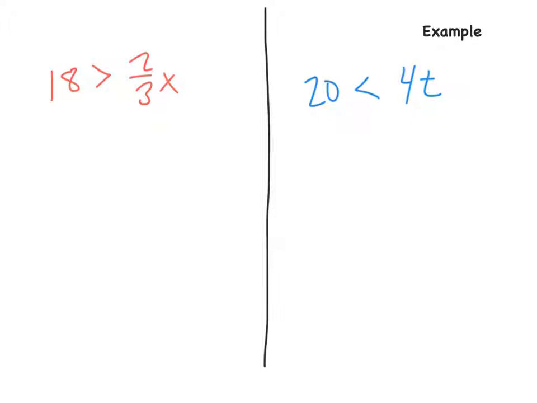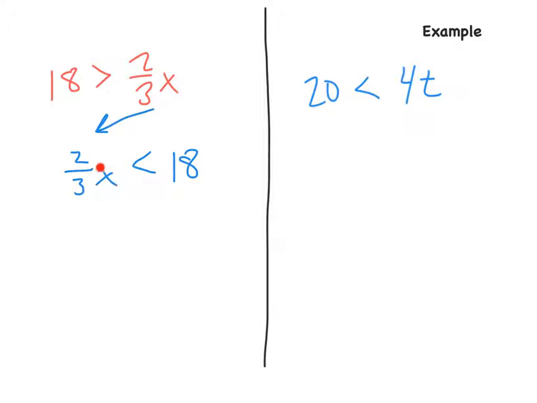So now we have two examples here. We have the first one, 18 is greater than 2/3 x. Remember, I like to rewrite it where the variable is off to the left. So I'm just going to rewrite it real quick. We have 2/3 x is less than 18. So now, let's see here. We have 2/3 times x.